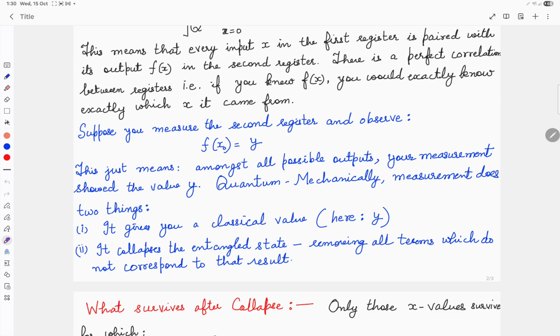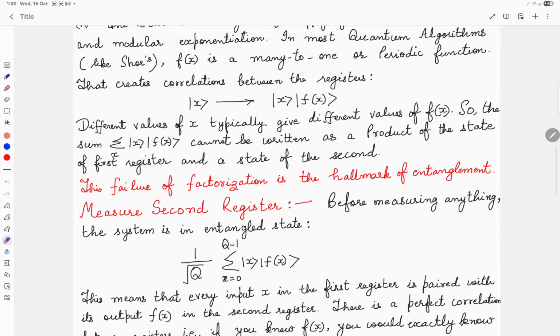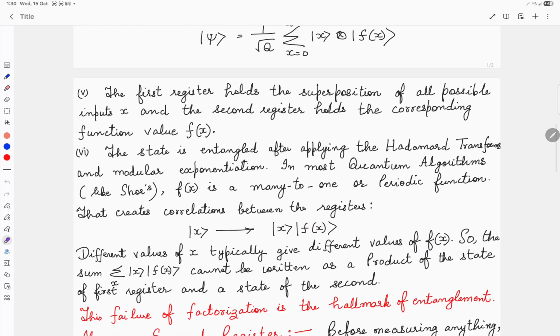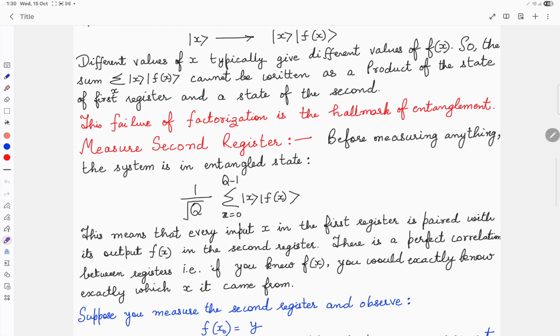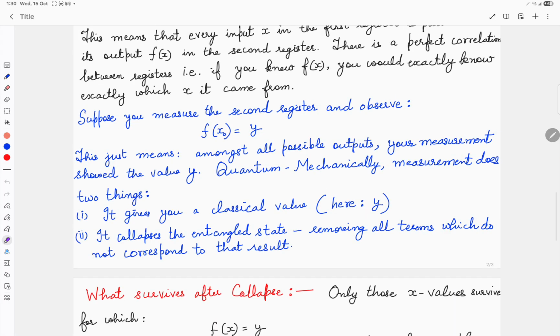The first register, which earlier was the uniform superposition of all the x values, since the state has collapsed, will contain only those values which correspond to the value y in the second register.